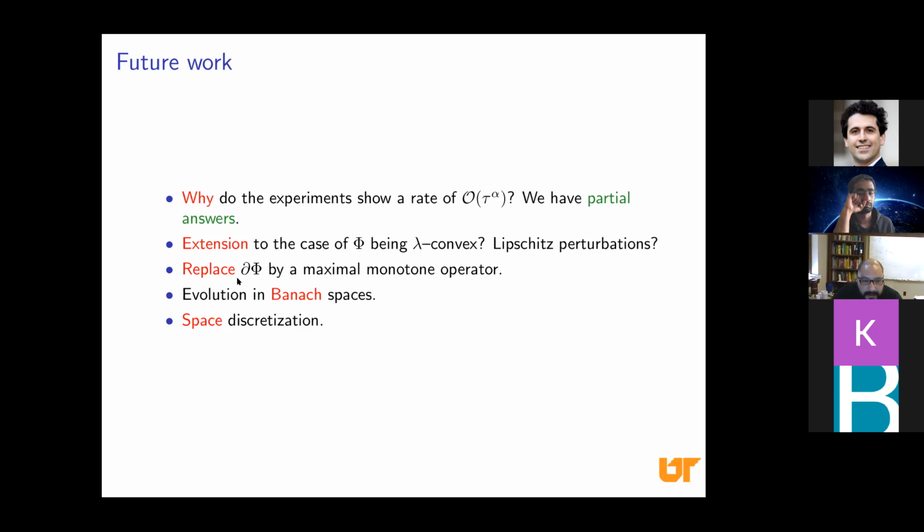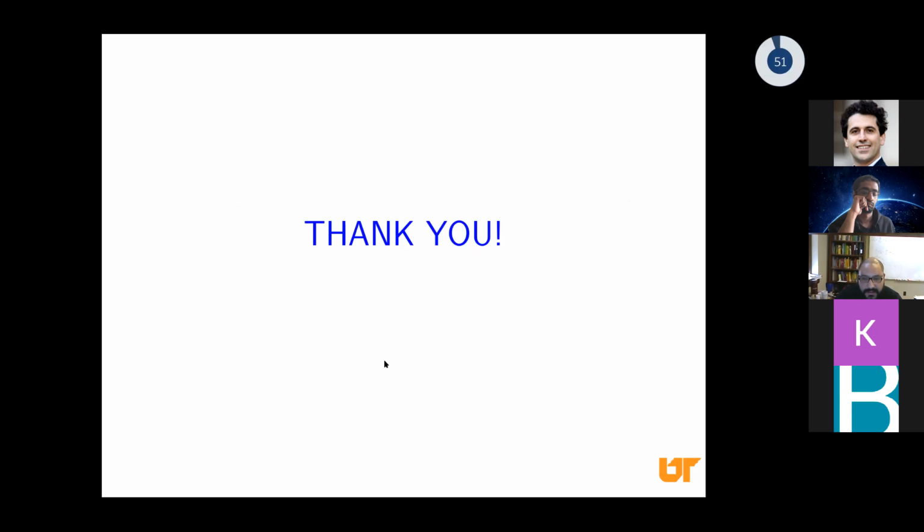You can replace the subdifferential by a general maximal monotone operator that is not necessarily a subdifferential. You can try to extend this theory to Banach spaces, but that will be a little bit more complicated. And of course, if you want to really do numerics of PDEs with this technique, you need to discretize in time. And with that, I will finish.